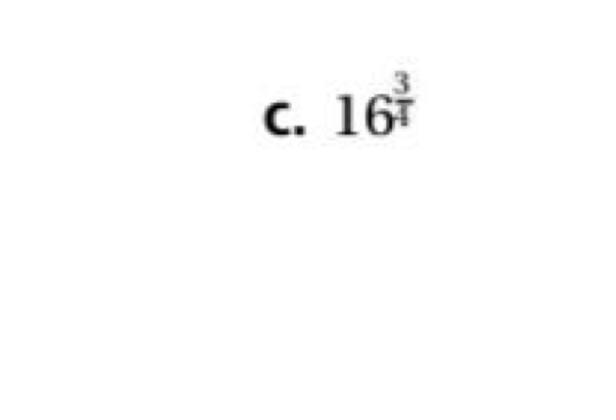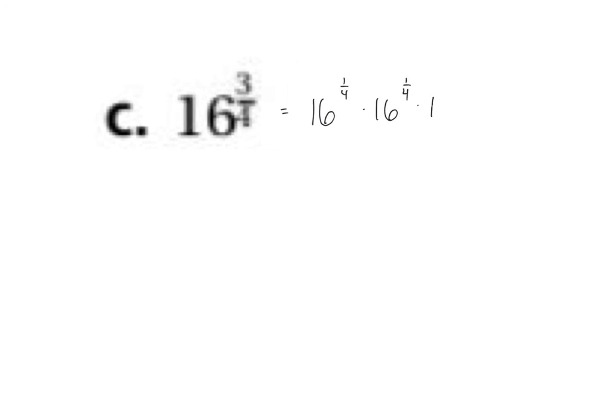Okay, 16 to the 3/4. How many parts am I going to have? 3. So this is going to be 16 to the what? 1/4 times 16 to the 1/4 times 16 to the 1/4. Okay, we need 3 parts. What is 16 to the 1/4? Anderson? Dos. What's 2 times 2 times 2?